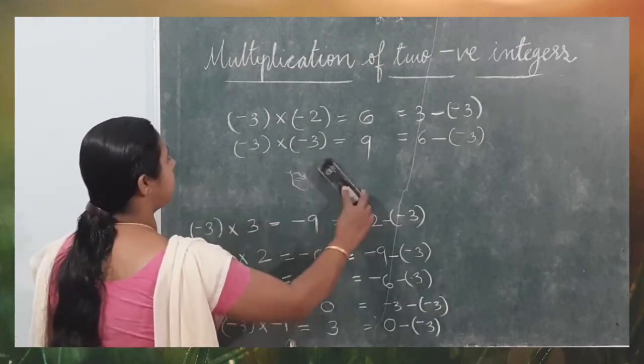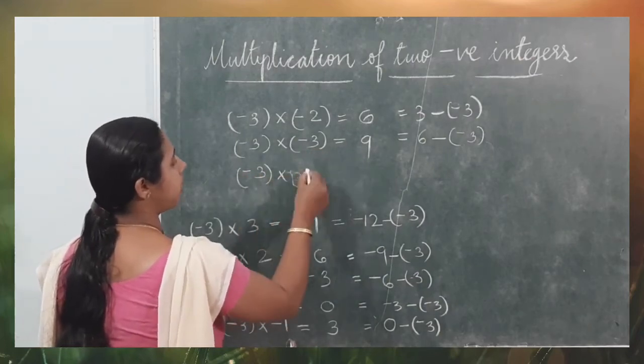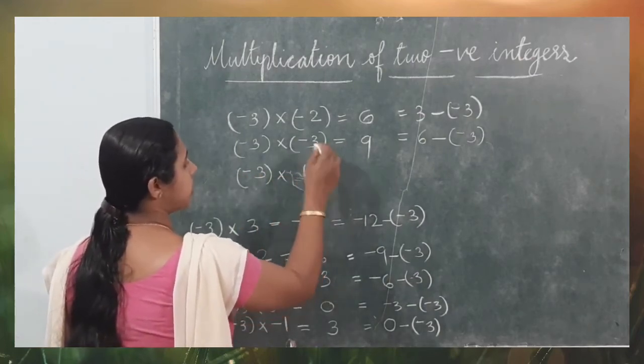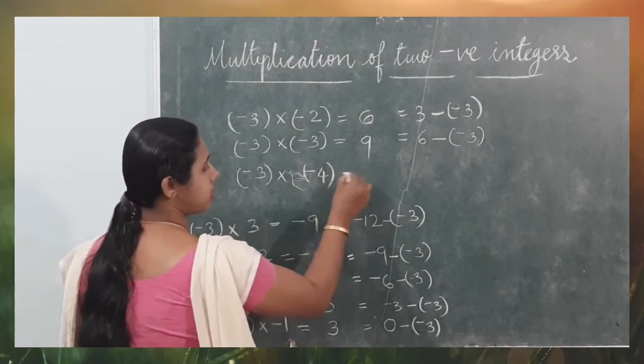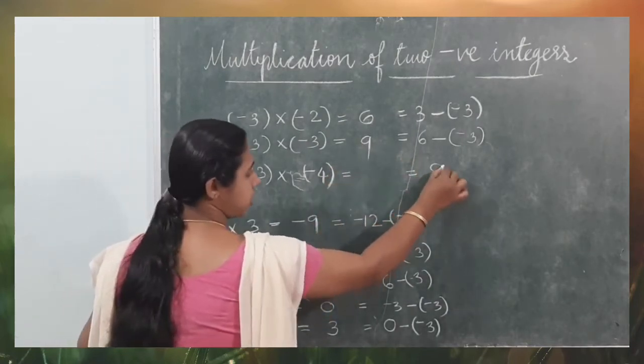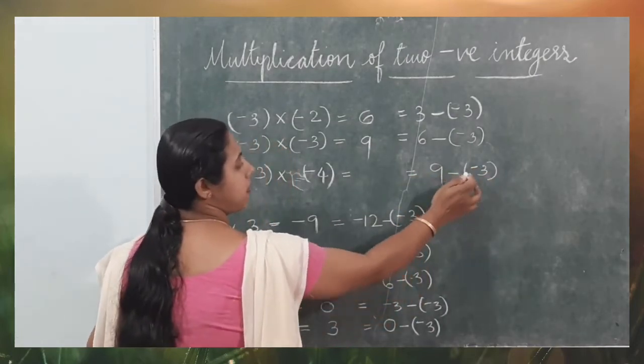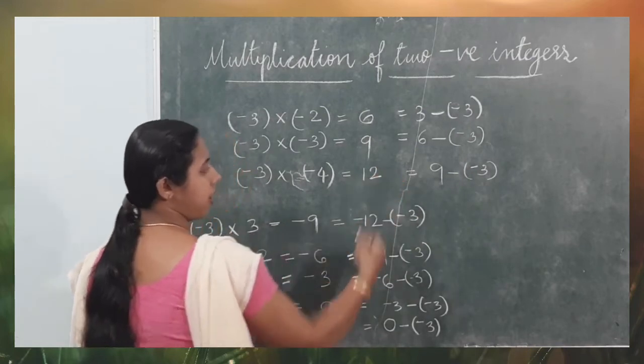We can check one more example. Minus 3 into 1 less than this, minus 4. Minus 3 into minus 4 is equal to, here, just before that the product is positive 9, plus 3, that is 12.